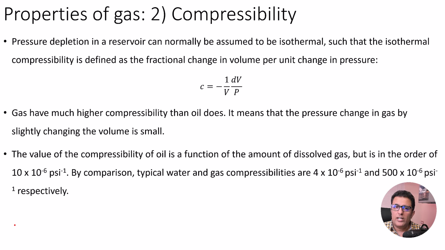For example, if we have a ball that is filled with gas, just by squeezing the ball a little bit, we can change the volume of the ball. The reason is that gas has very high compressibility. And this is another factor that helps the production of gas from gas reservoirs.